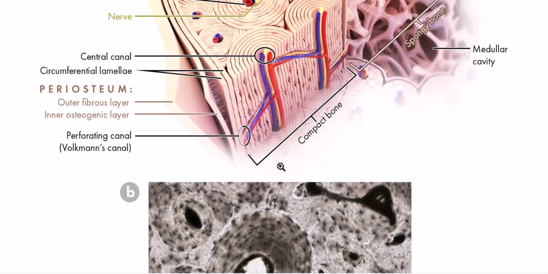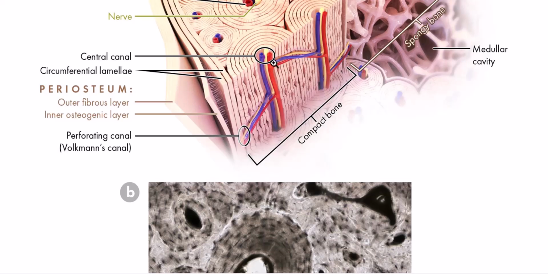One structure that I'll point out here that you cannot see in the micrograph are the Volkmann's canals. These are also referred to as the perforating canals. And as you can clearly see here in the illustration, these are perpendicular canals that allow the blood flow in separate neighboring osteons to be connected one to another.